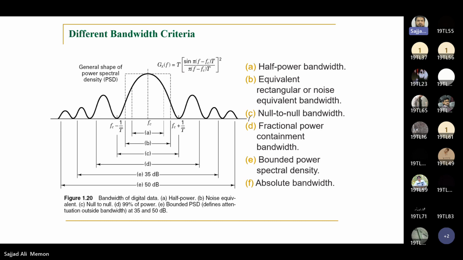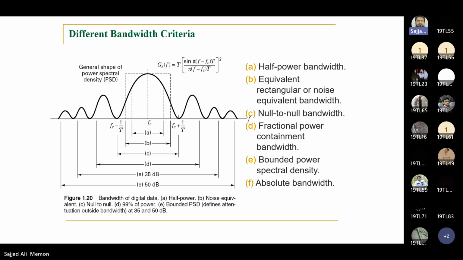The central frequency has the most power here, but as we go either right or left, you can see the power with the frequency is decreasing. So we have to decide up to what point we take these frequencies so that information is not lost.